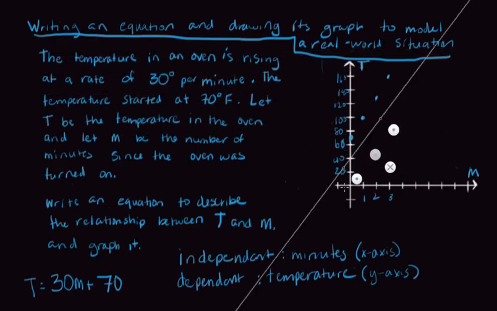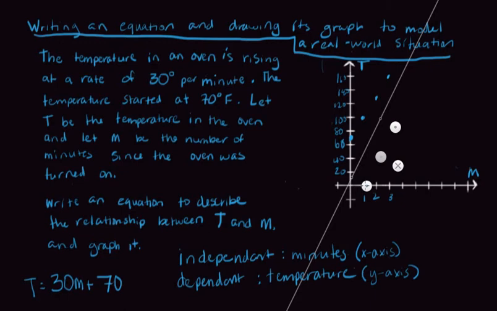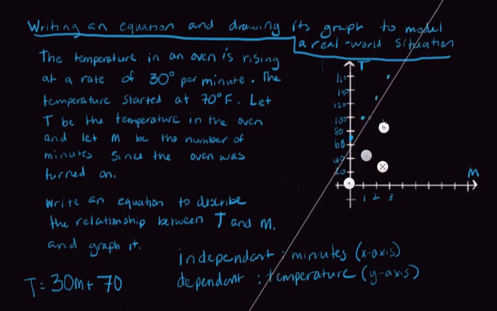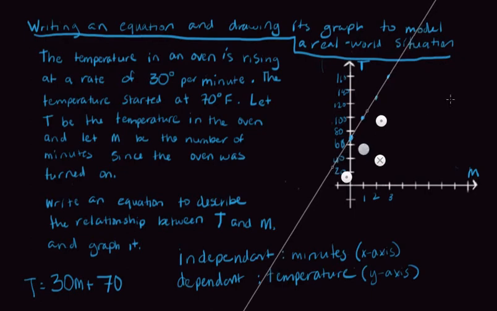And that is how we would graph this line. Now let me pull out my ruler here, and then I can actually draw that line. So here's our line. And in this case, we can ask ourselves, is there any meaning over here? And really, there's not a whole lot of meaning over here.